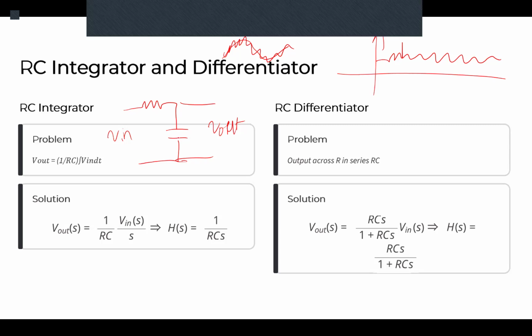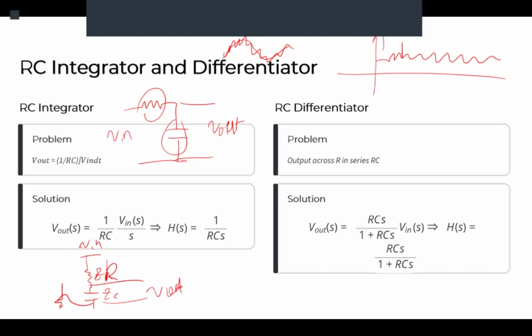This is a series of two impedances. You have an impedance ZR, you have impedance ZC, this is ground, this is V in, and here you have V out.